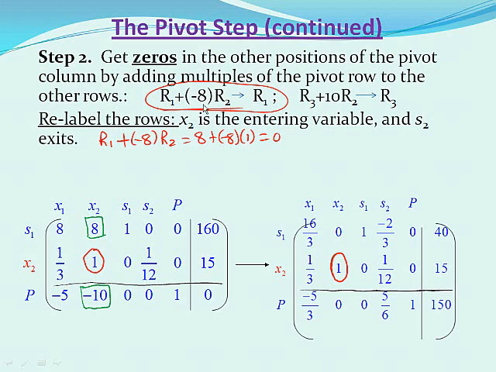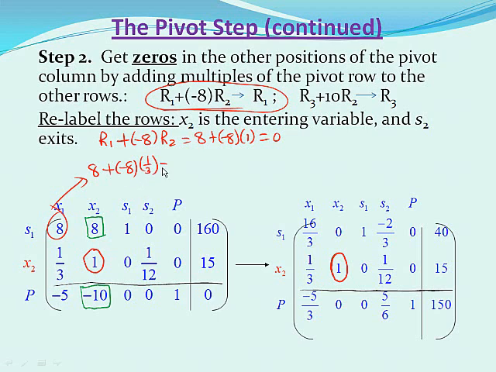Let's do this row operation fully. We are going to calculate the other entries of that row. So this 8 up here will be converted as 8 plus negative 8 multiplied with the element from row 2, which will be 1 by 3.